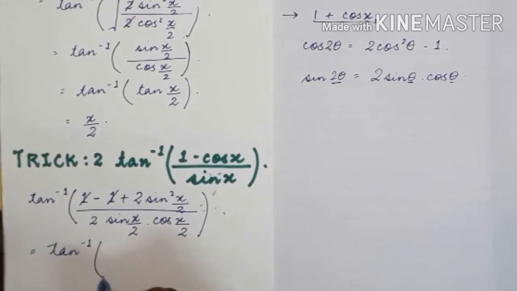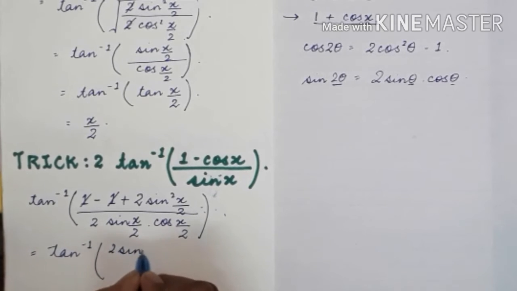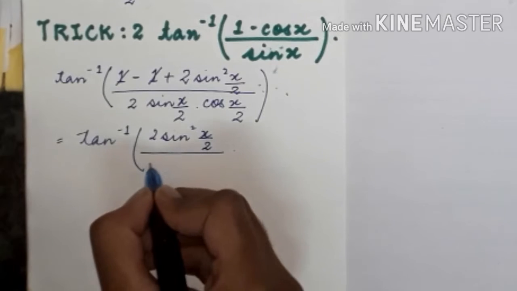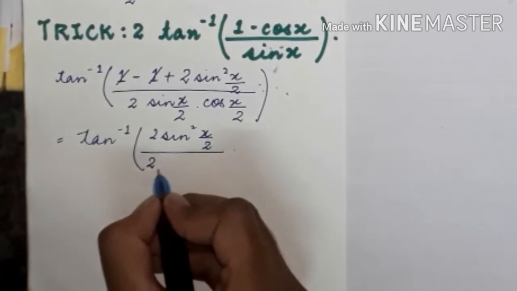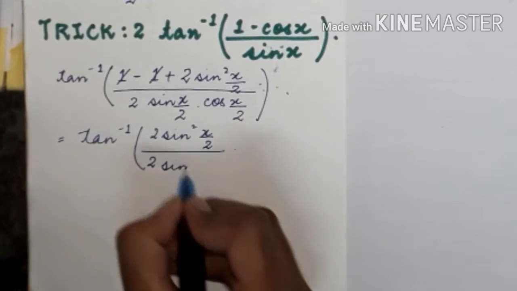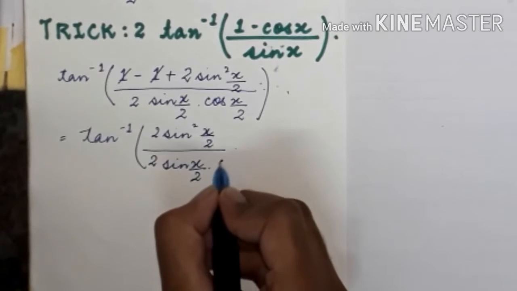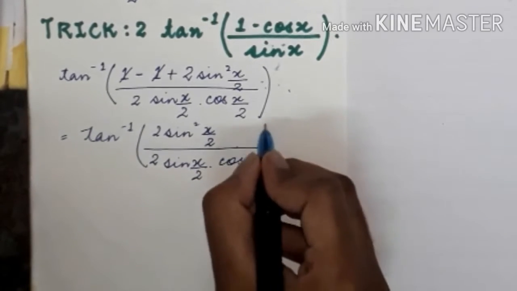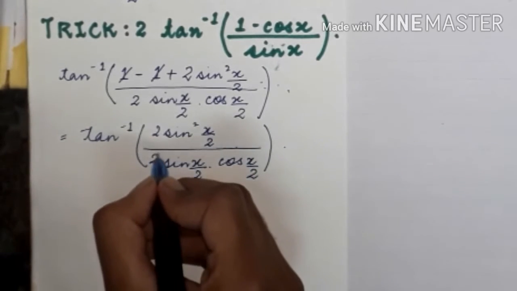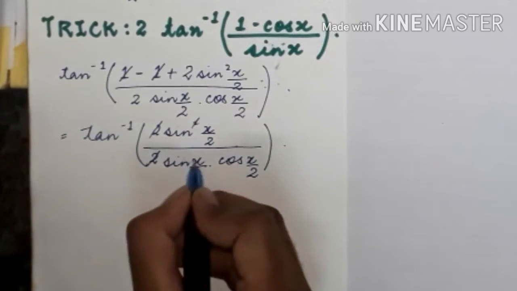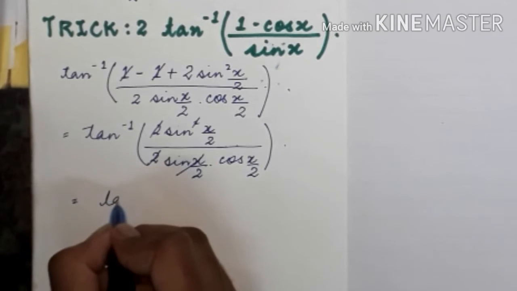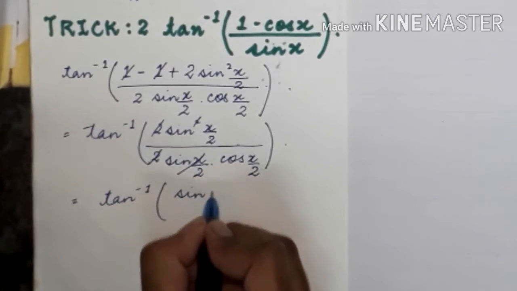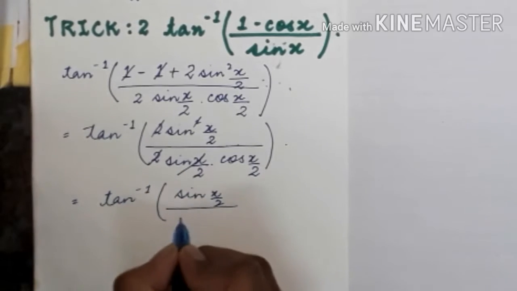Now it is 2 sin square x by 2 upon 2 sin x by 2 cos x by 2. See, now sin x by 2 upon cos x by 2.